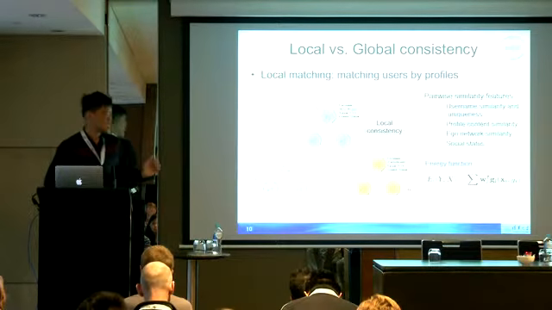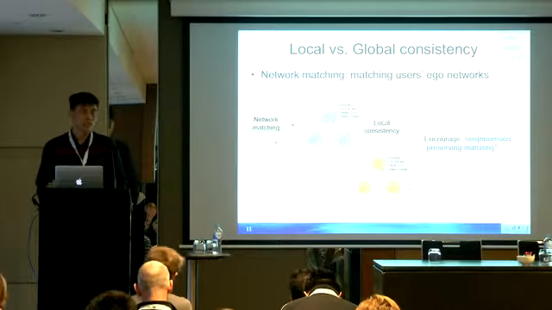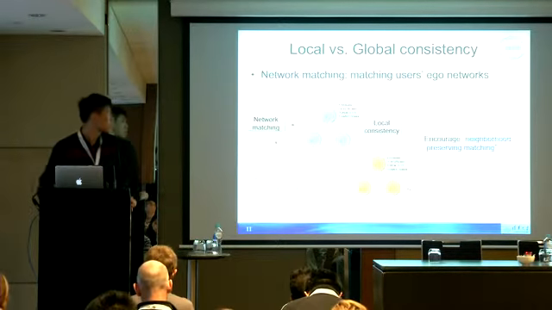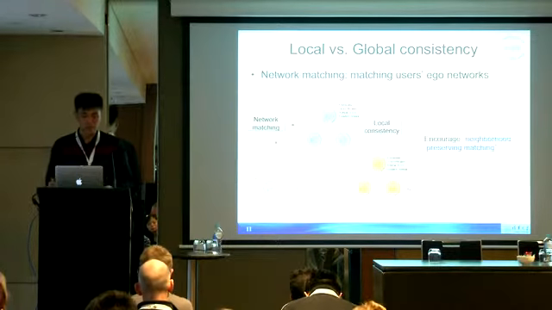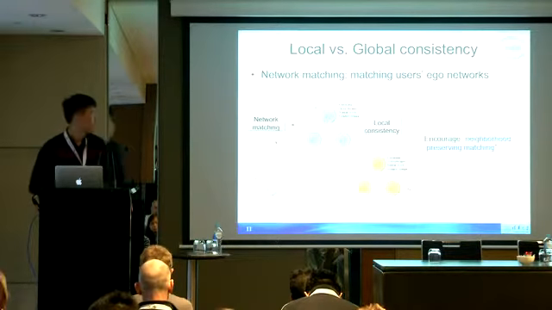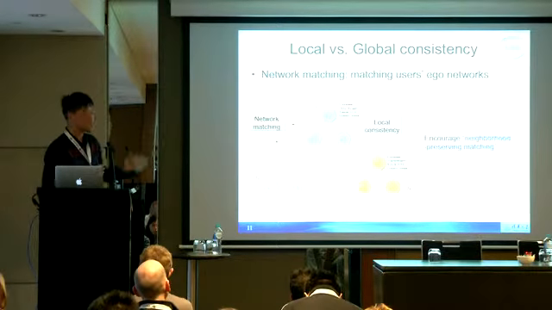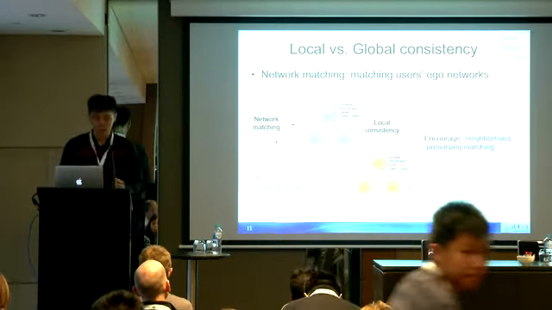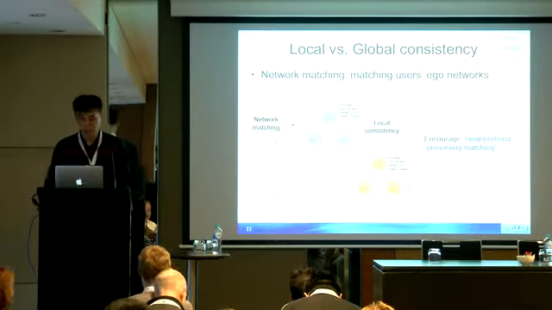We refer to this as local consistency. And then we need to consider the network structures. Here we encourage neighborhood-preserving matching. That is, if 2 vertices are matched as the same person, then we encourage that their common neighbors are also matched.